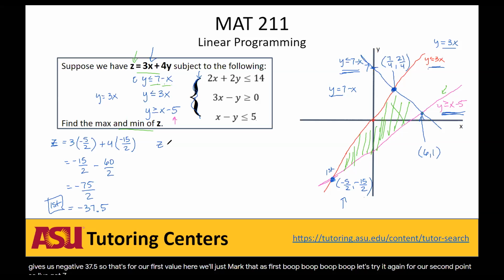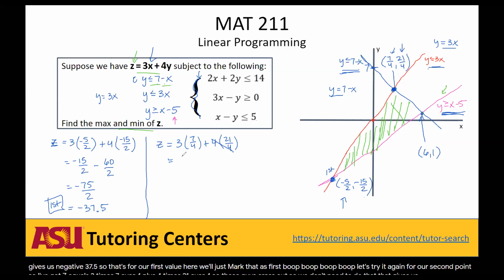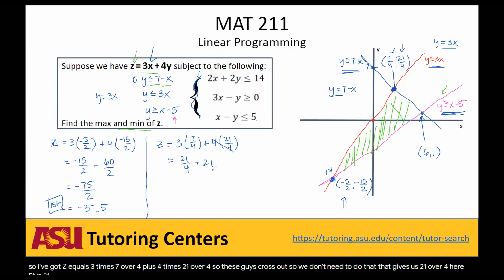So we've got z equals 3 times 7 over 4 plus 4 times 21 over 4. So these 4s cross out, so we don't need to do that. That gives us 21 over 4 here, plus 21. Well, we do actually want this to have the same common denominator as this fraction. So we will go ahead and multiply it by 4 anyways.